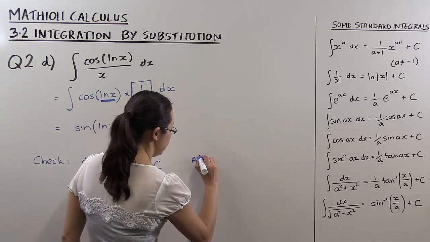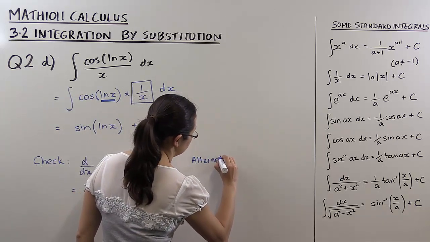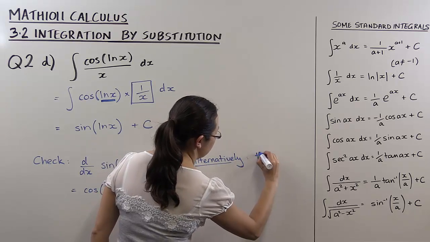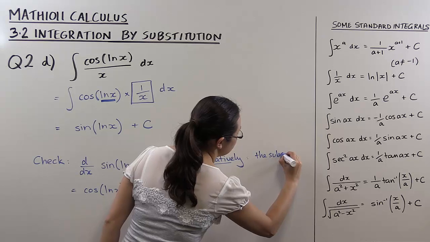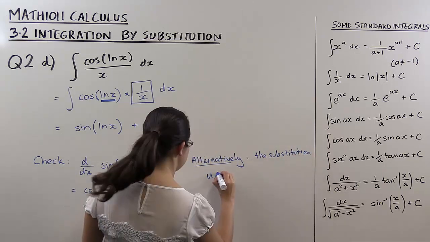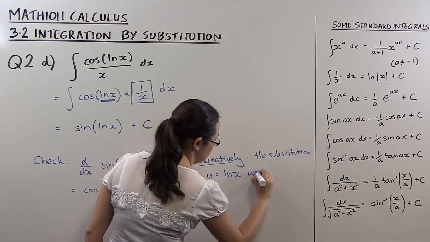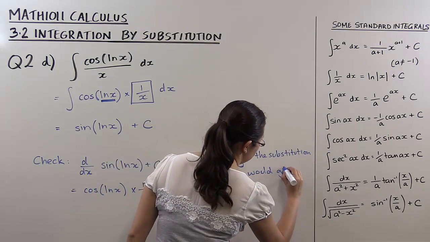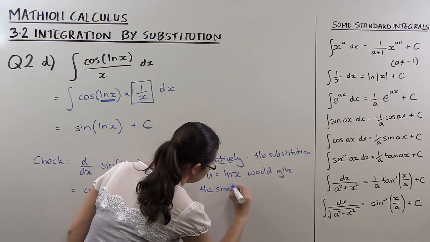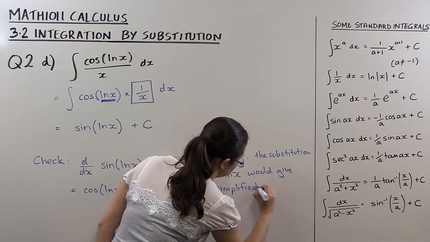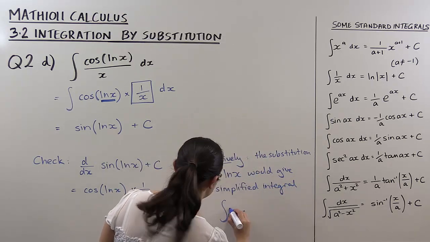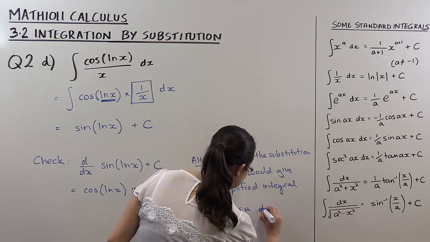Now alternatively, we could have used a substitution. So the substitution u equals ln x would give the simplified integral of cos of u du.